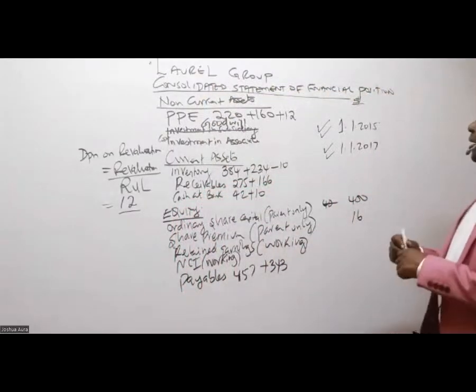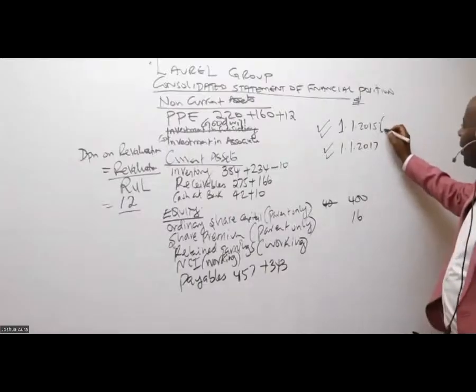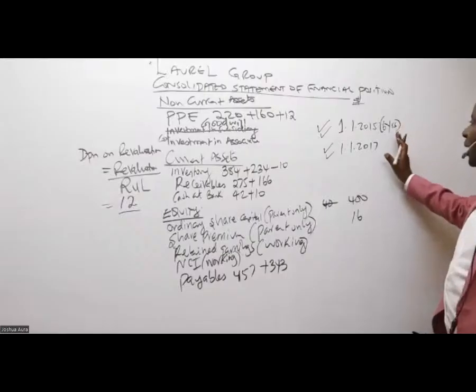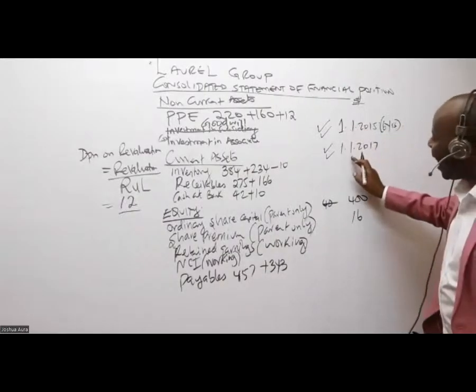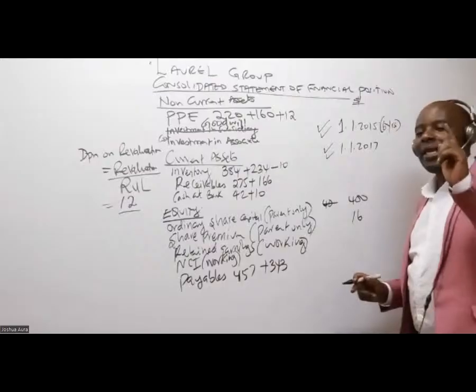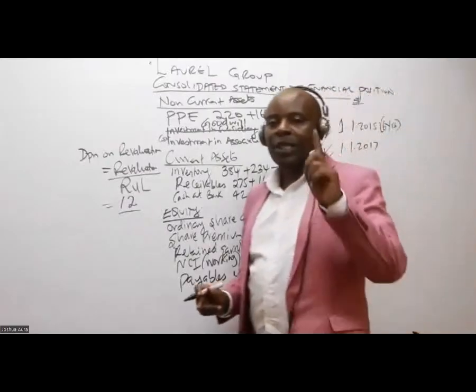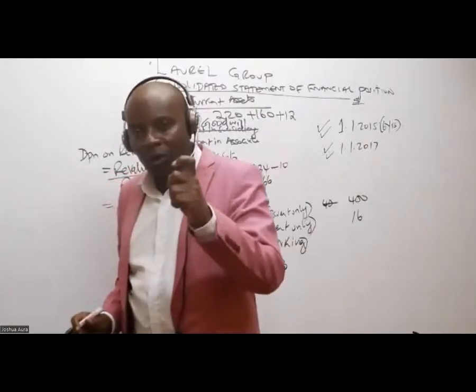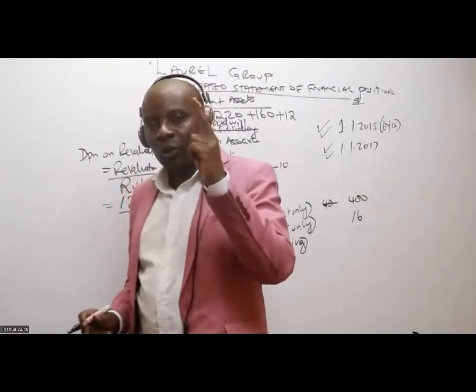So you see, this asset has how many years? 6 years. The useful life is 6 years. By the time we are revaluing them, how many years have passed? It is 2015 because we started from 1st January, the whole of it, and 2016, the whole of it.